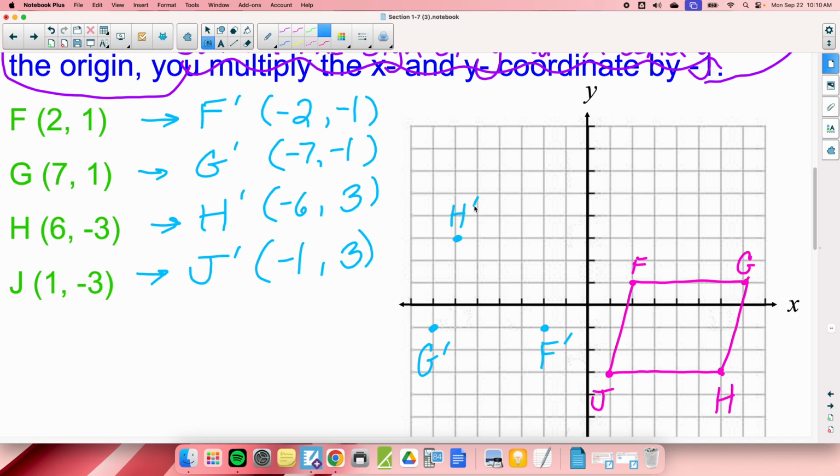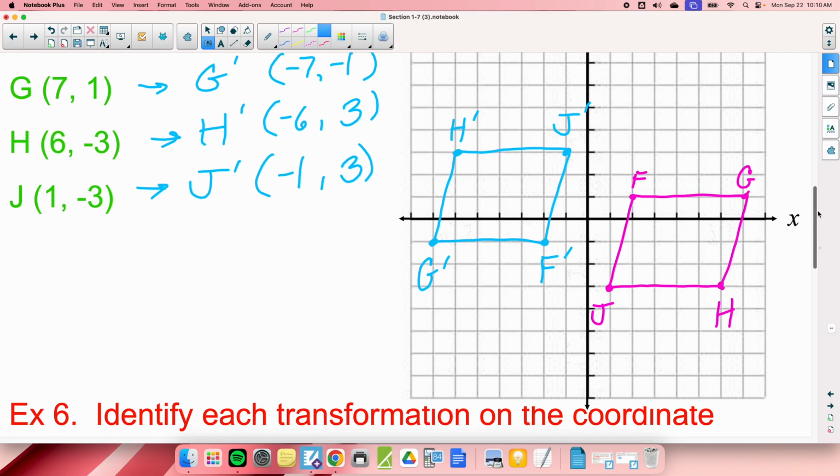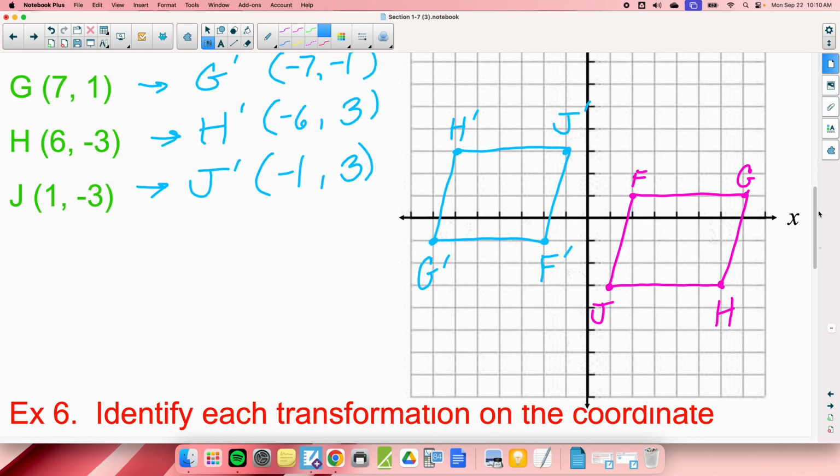And J is at -1 up 3, that is our J prime. So we will connect, and that is what you should have. Does that kind of look like what you guys have? Okay, and make sure you label the points. Okay?